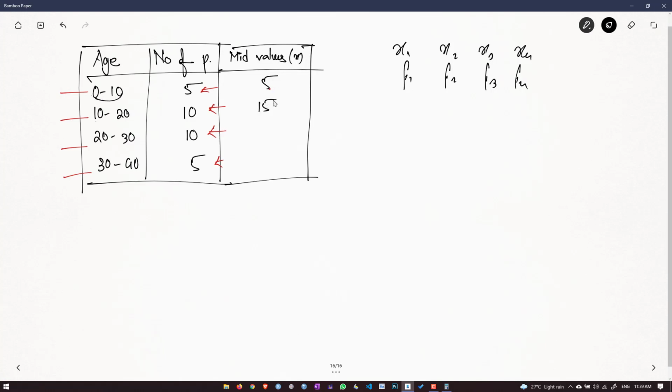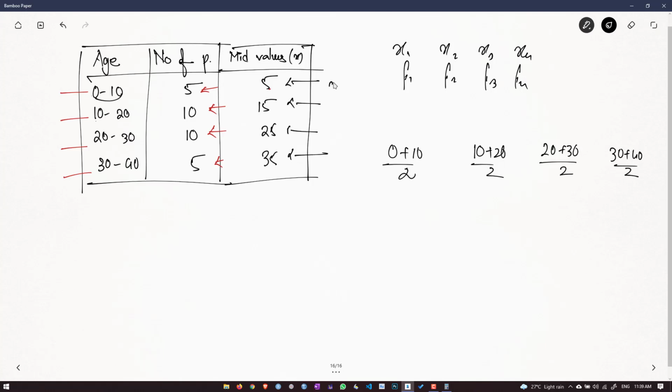For 10 and 20, the middlemost will be 15. For 20 and 30, the middlemost will be 25, and 35. How to find out? Simply 0 plus 10 divided by 2, 10 plus 20 divided by 2, 20 plus 30 divided by 2, and 30 plus 40 divided by 2. So these will now be our x1, x2, x3, and x4, right?